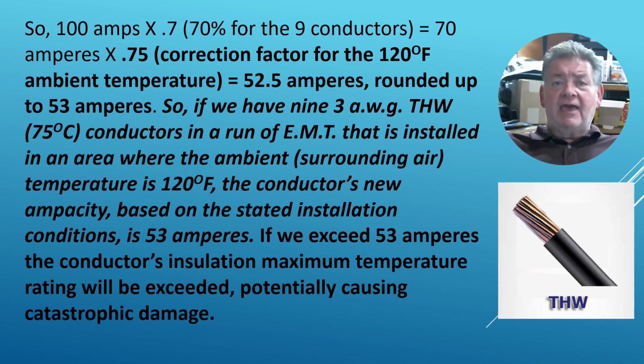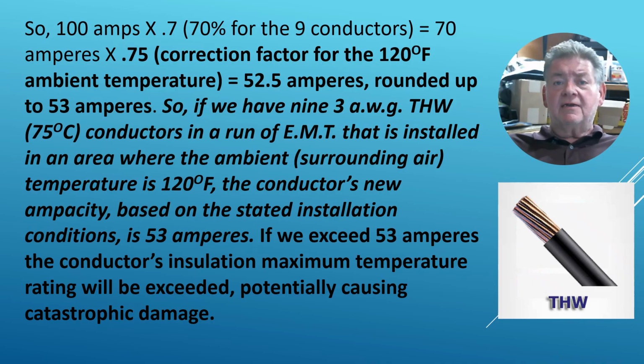So if we have 9 number 3 American wire gauge copper conductors installed in a run of EMT, and that EMT is installed in an area where the ambient or surrounding air temperature will be about 120 degrees Fahrenheit, the conductor's new ampacity, based on the stated installation conditions, is now 53 amperes. We went from 100 amperes down to 53. That is quite a difference.